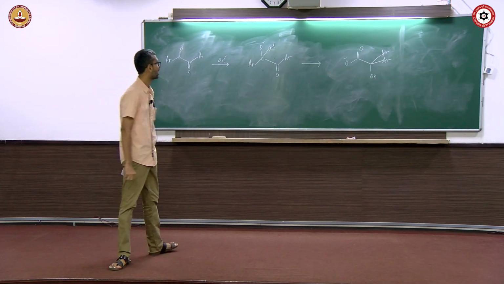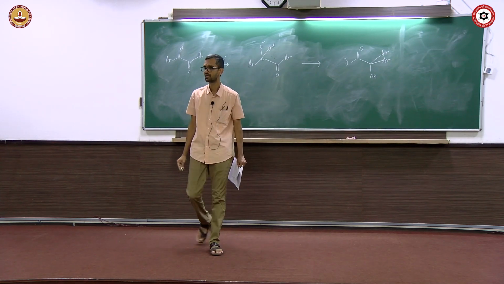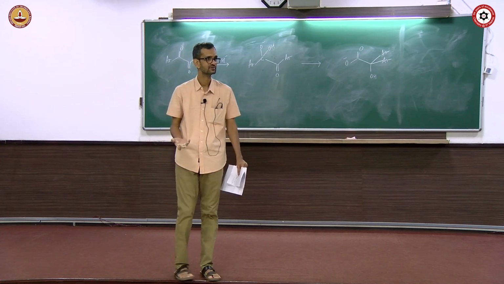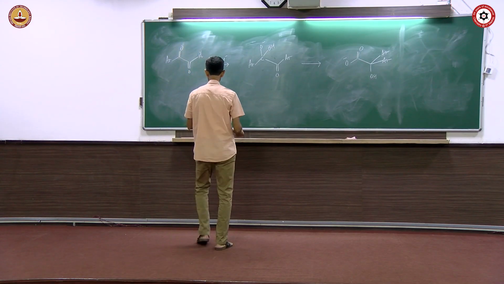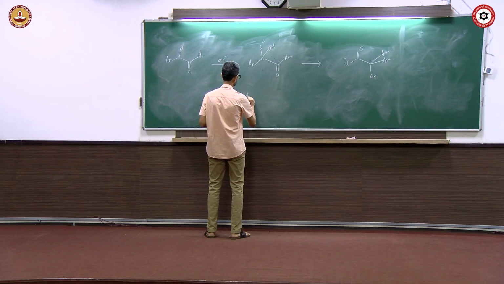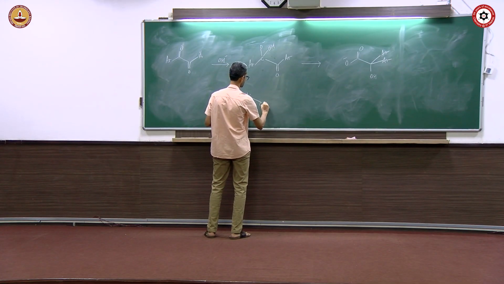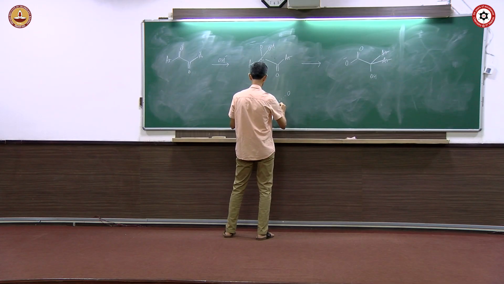Correct? And how does that happen? Again, there must be assistance from oxygen lone pairs, right? So if you want to draw that, we take this structure, Ar, C, O.